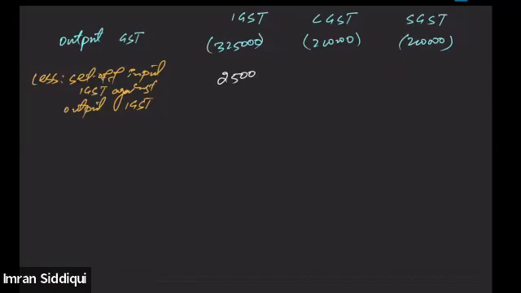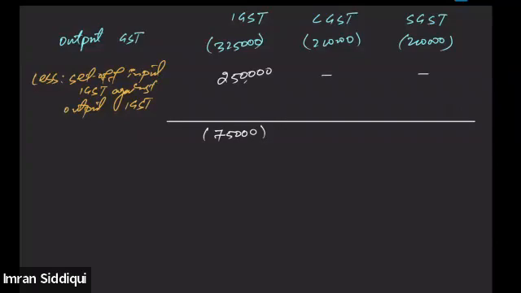If you want to adjust input IGST with output IGST, you'll see that the input IGST is much less than the output IGST. That means we will completely be able to set off the entire amount of input IGST with the output IGST that we have collected. And even after subtracting this, we will have a credit balance left. Okay, 75,000.